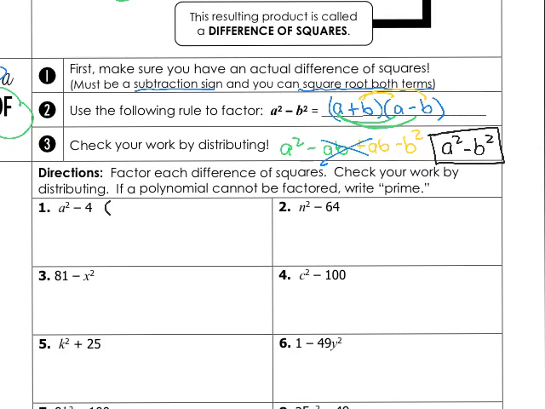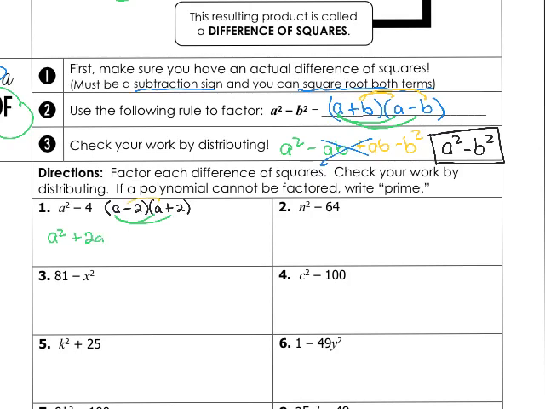So we're going to then break out our terms so that one is positive and one is negative. You have an a minus 2 and an a plus 2. How do we check our work? Again, we're going to distribute. A times a is a squared. A times 2 is plus 2a.